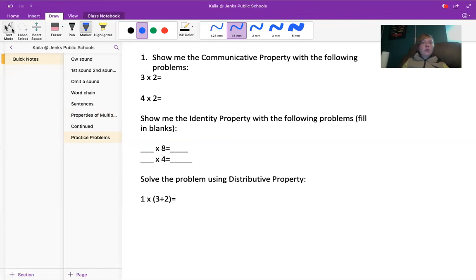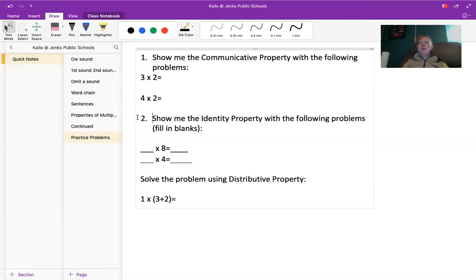Number 2 says, show me the identity property with the following problems. Fill in the blank. Blank times 8 equals blank. Blank times 4 equals blank. Remember, identity property, you're showing me that number. So what do you need to multiply by 8 to get that number? What do you need to multiply by 4 to get that number?